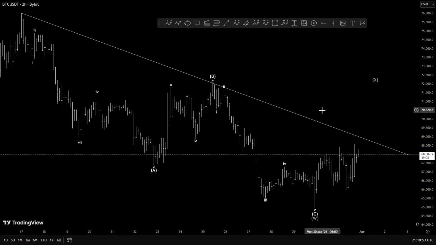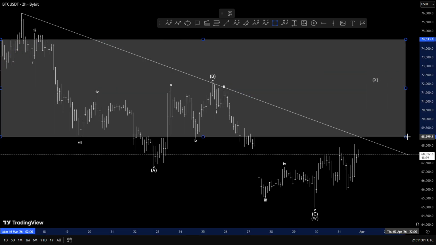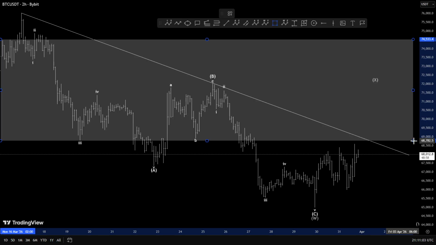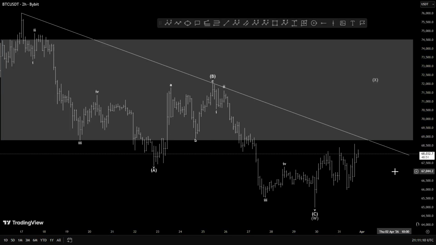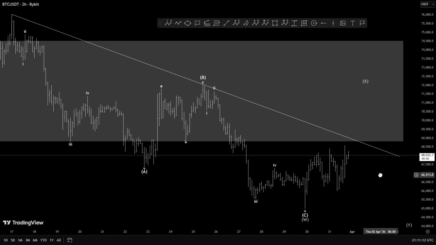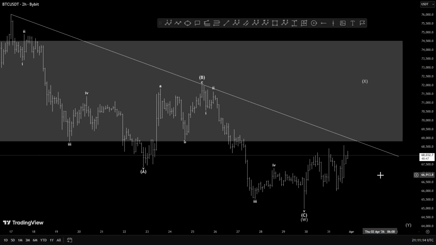And also on the high time frame, we found a very powerful resistance level, which gives us confirmation that we are in a double three structure that is unfolding right now.